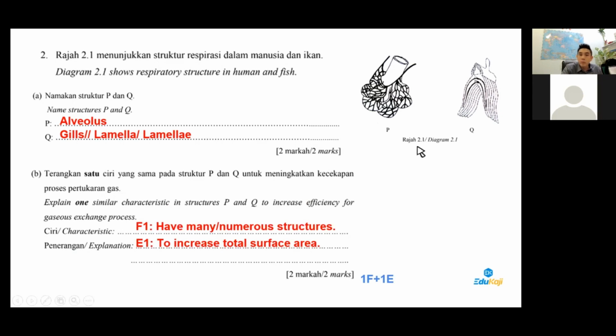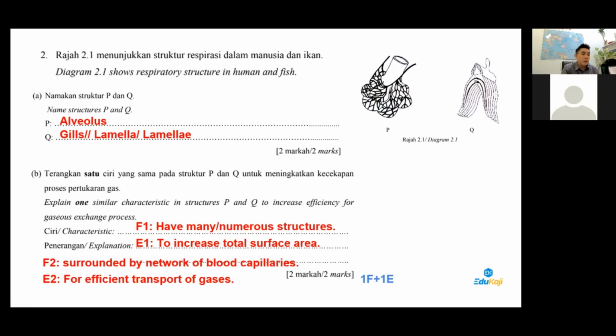Okay, the whole purpose is to increase the total surface area for gaseous exchange to take place. Now, normally exam would ask you for one fact and one explanation. So guys, depends. You can say there are many, like for example, there are many alveoli. Here there are many gill filaments. So this increases the total surface area for gaseous exchange.